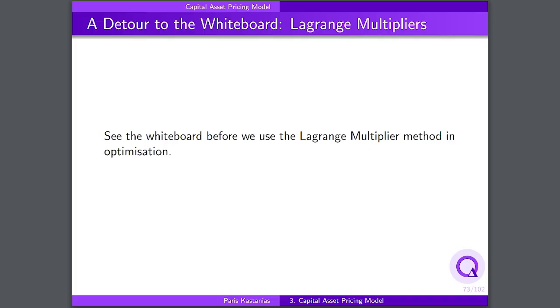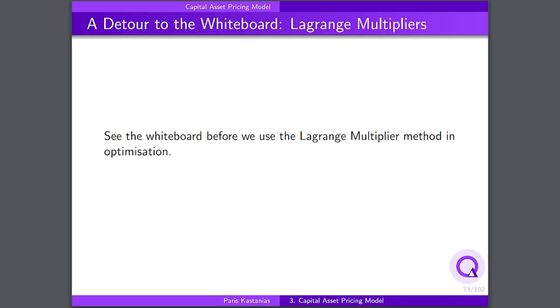So Lagrange. Okay, so if we have to find the optimal point of f of x1, x2, up to xn, given a constraint g, how do you do this?